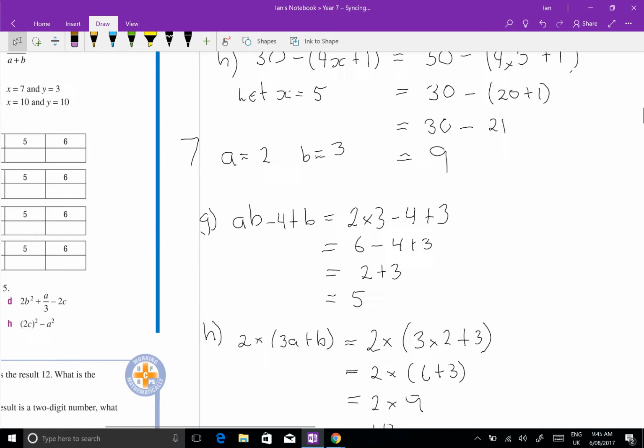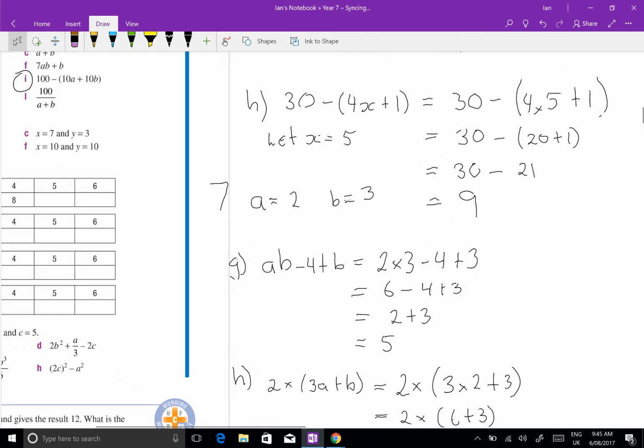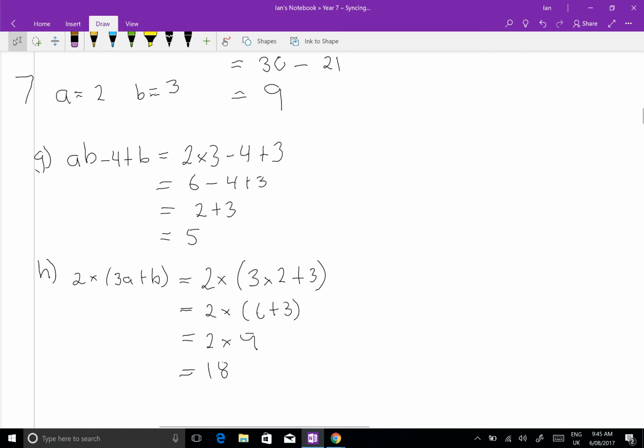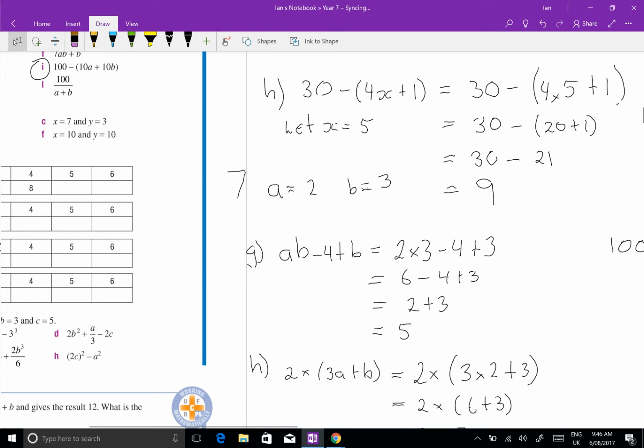Okay. The last one we're going to do, big numbers. 100 minus brackets 10A plus 10B. Let's double check, make sure that's right. Yep.